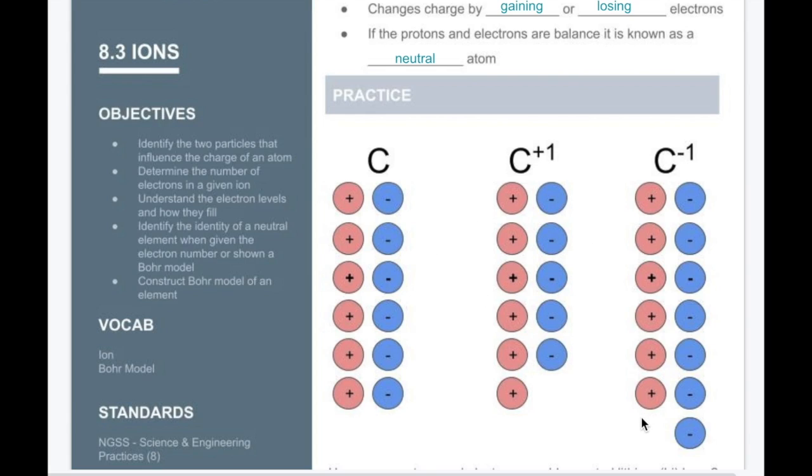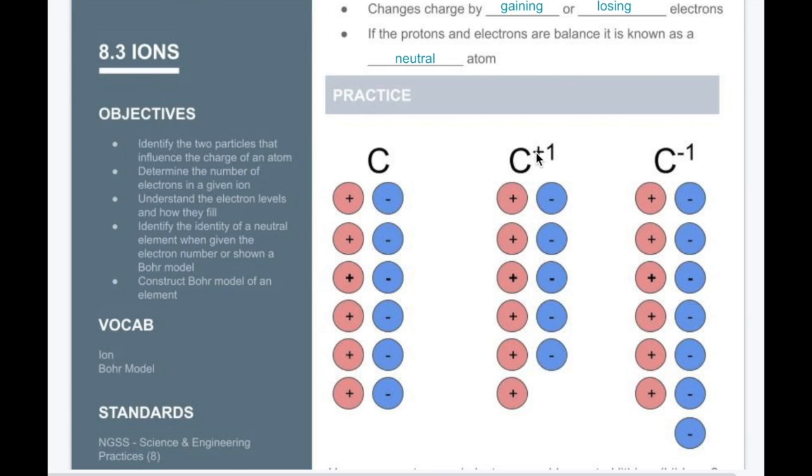Each of them has 6 protons because if it had less or more, it would not be carbon anymore. For the first one, for it to be neutral, we're going to have an equal amount of electrons to protons.